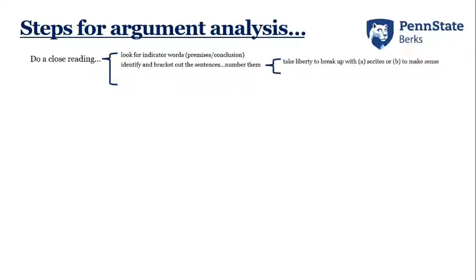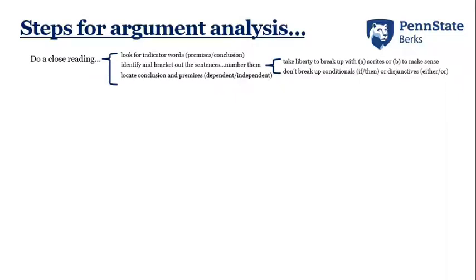Now, we can break up sorites, or we can break up sentences in order for it to make more sense, like it's more fluid in how exactly we would read it out loud if we were to put it into a different form. But we don't want to break up conditionals, the if-then, or the disjunctives, the either-ors.